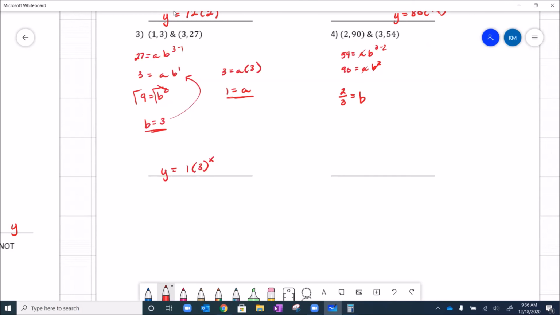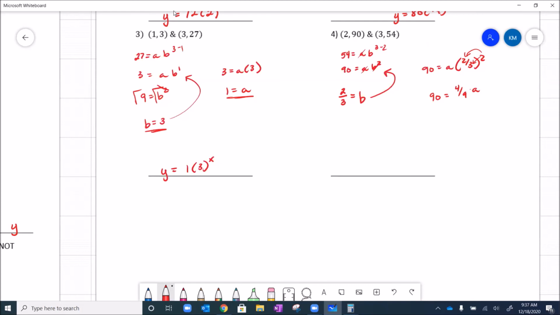Okay. B equals 2/3. I'm going to plug that into one of the functions. I'm going to do the bottom one because that is the lower exponent. So 90 equals a times 2/3 squared. I have to square that. Remember, that means I'm distributing that to both terms here. So 90 equals 4/9 times a.